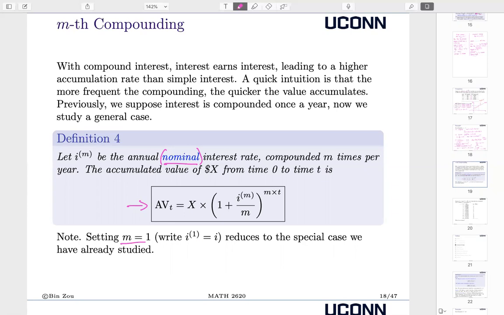Let's try m is 2, which means we compound every 6 months. So in 1 year, what do we get? We divide by 2, raise the power to 2, and since we just want 1 year, let's expand this.